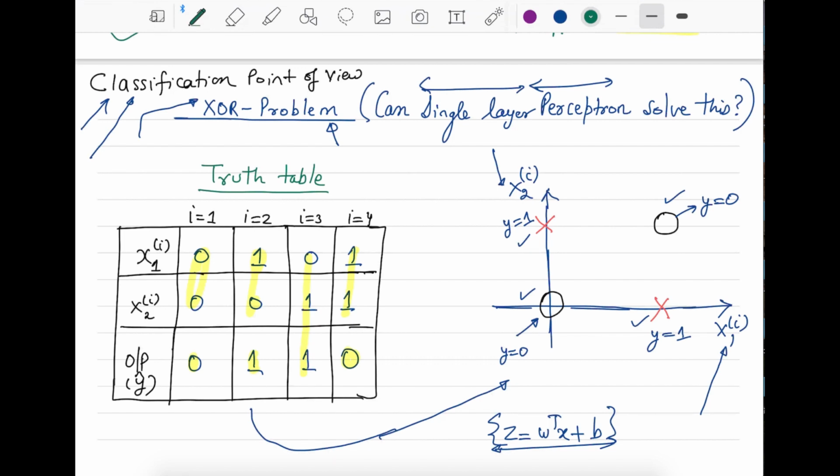What you need is something like this, some boundary like this, a non-linear boundary which can separate the zeros from the ones. So this is a non-linear boundary, not a linear boundary.